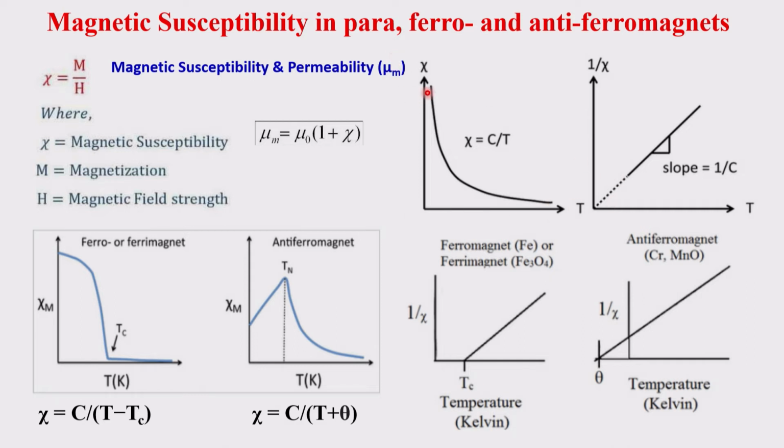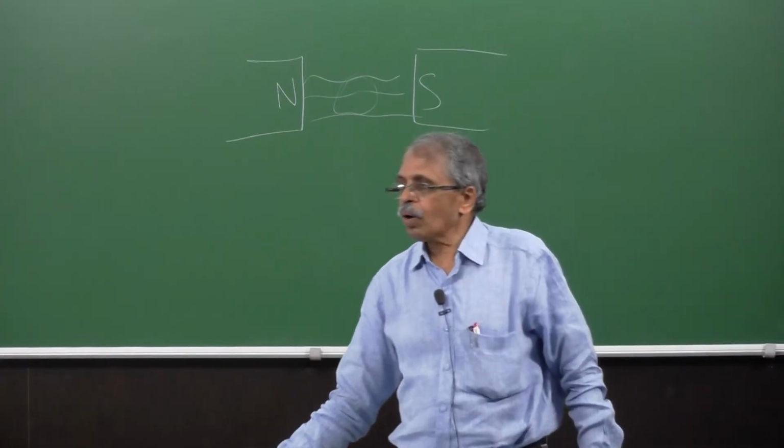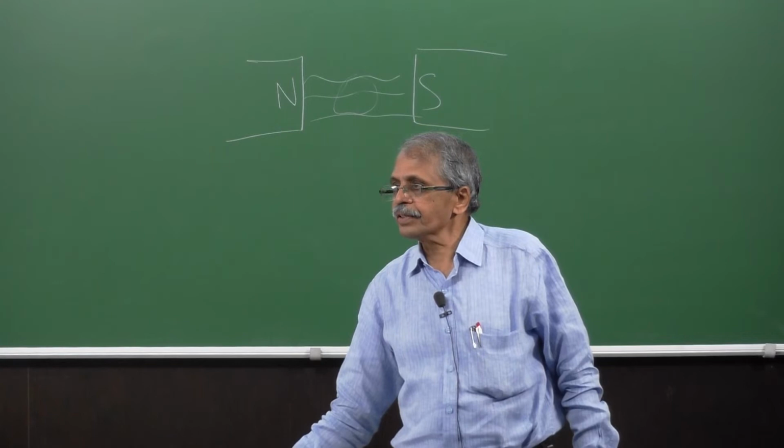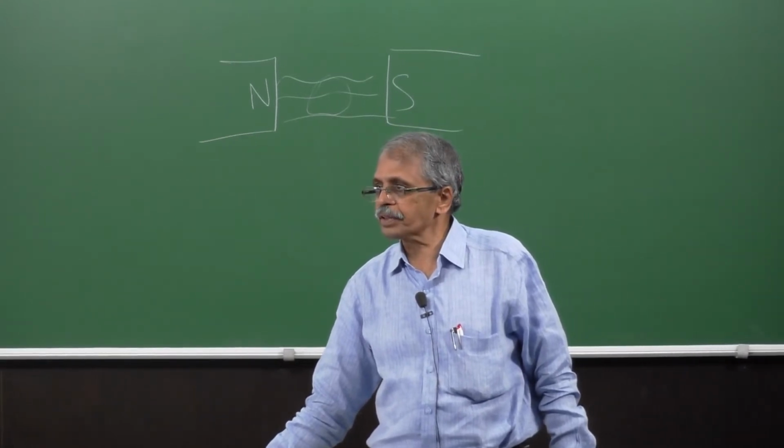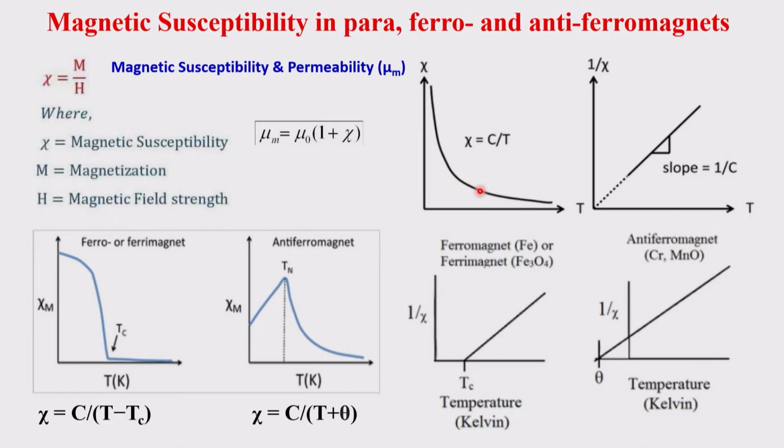The susceptibility drops as the temperature keeps increasing, in a kind of exponential decay. So chi here is C by T. What is C? We will see.